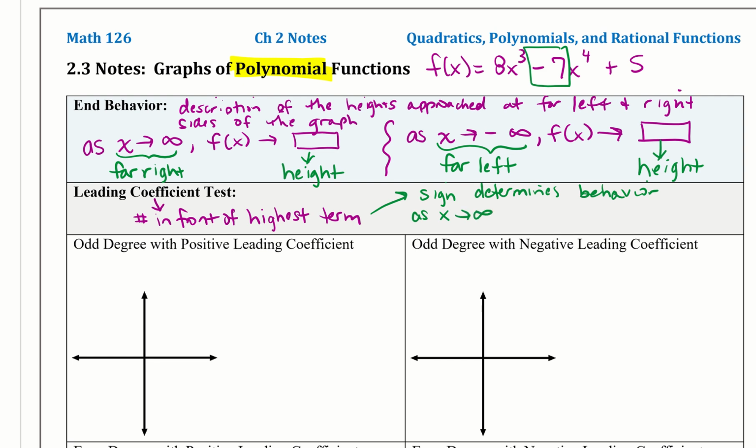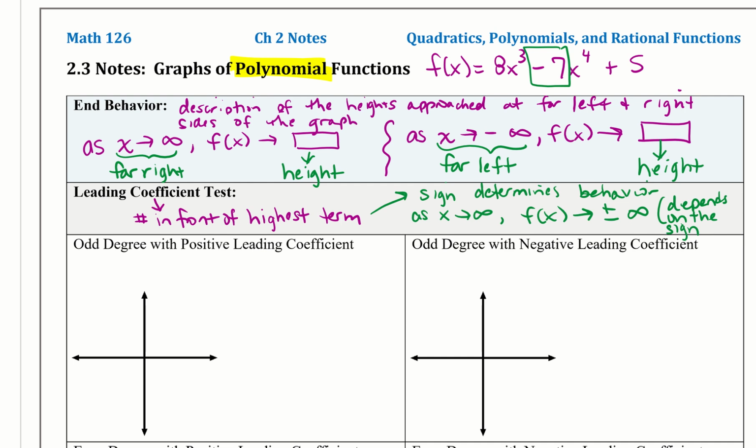If that leading coefficient is positive, then f of x would approach positive infinity. If it is negative, it would approach negative infinity. This depends on the sign of that leading term.